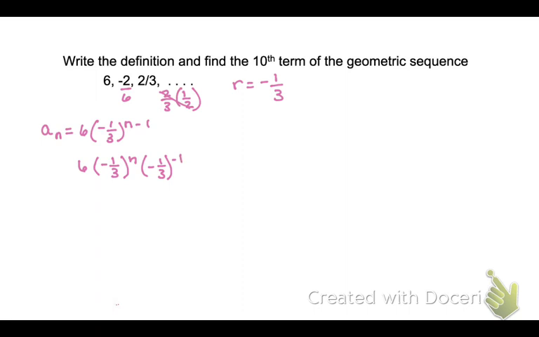So I multiply by the reciprocal. So it'd be 6 times negative 3, negative 1/3 to the n. So a sub n equals what? Negative 18. Do you see how my r is still in that parenthesis?